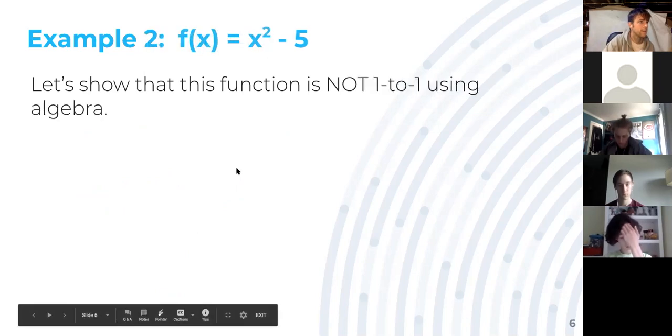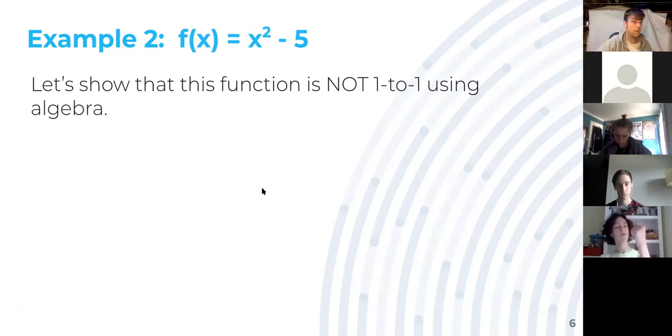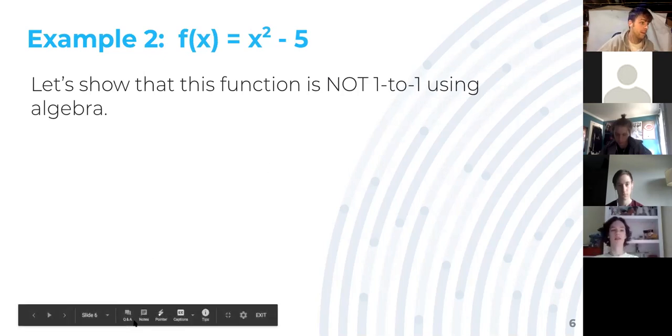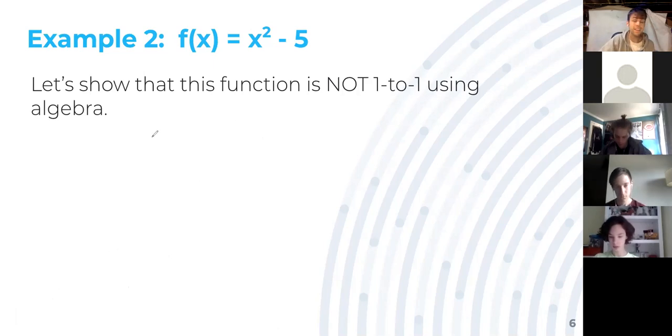Okay, so let's look at this equation and let's show that these are not one-to-one. Showing not one-to-one is sometimes a little trickier than showing that they're one-to-one. So again, same idea.